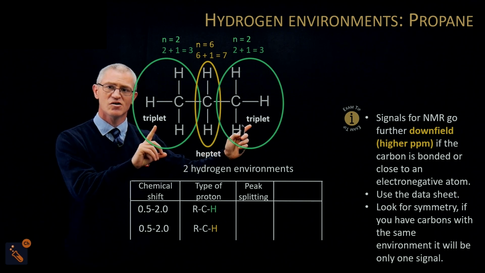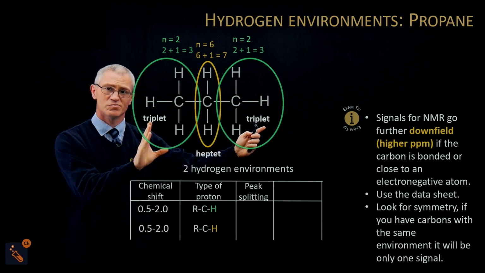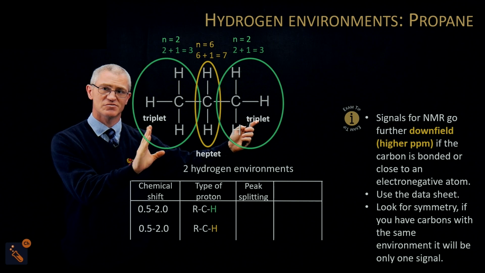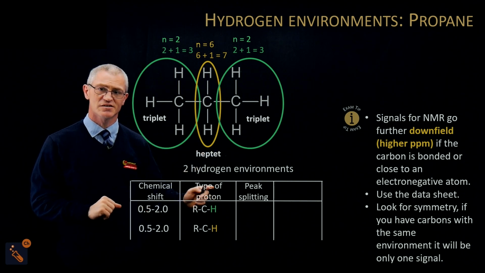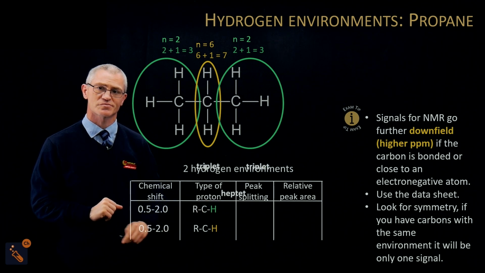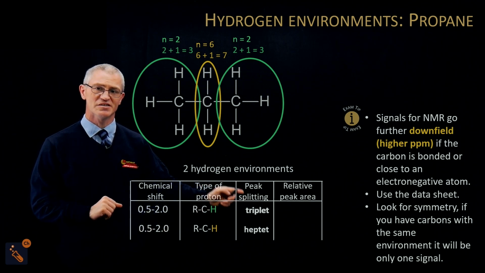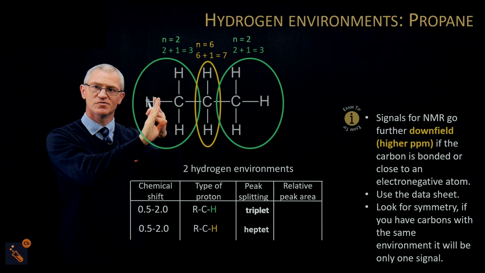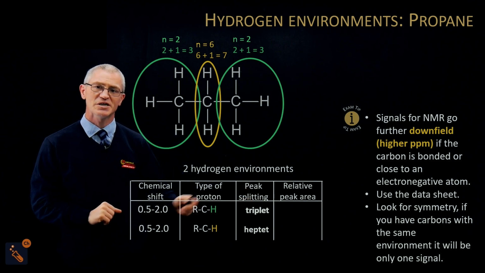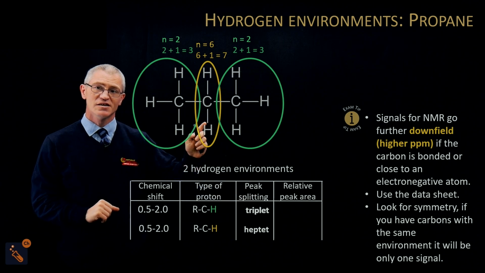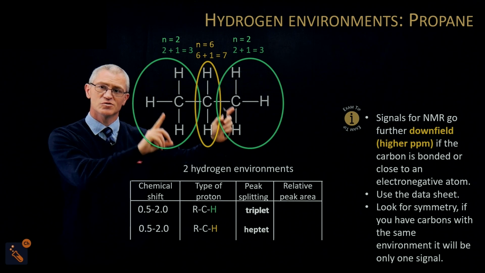So we think we're going to get 1 triplet, but the 2 signals overlapping because they're in the same environment, okay, and 1 heptet. And let's put those into the table. So remember, they're the same environment and therefore straight over the top of each other. Now, relative peak area, as we said, this is caused by 2 protons, but these signals are caused by 6.